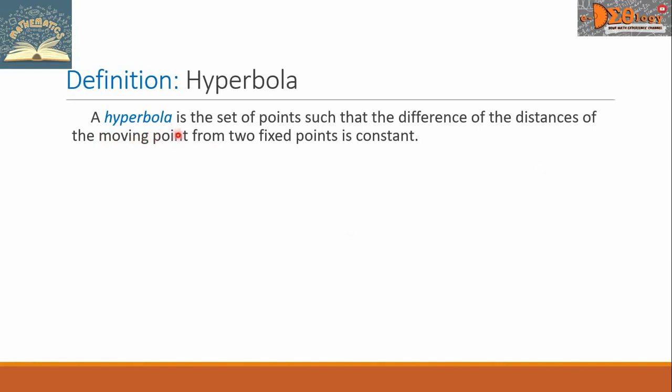A hyperbola is the set of points such that the difference of the distances of the moving point from two fixed points is constant. The fixed points are called foci.